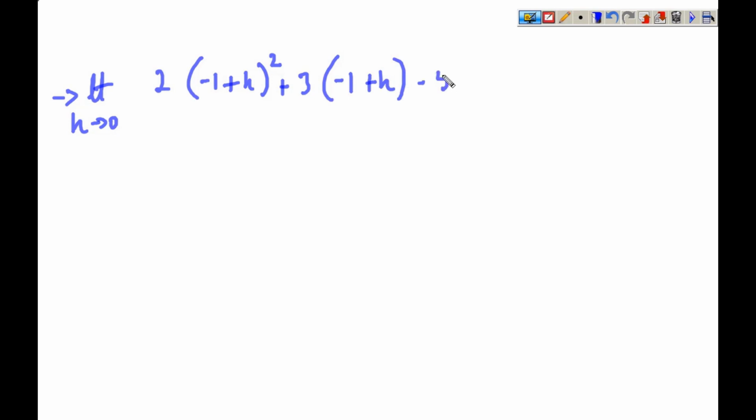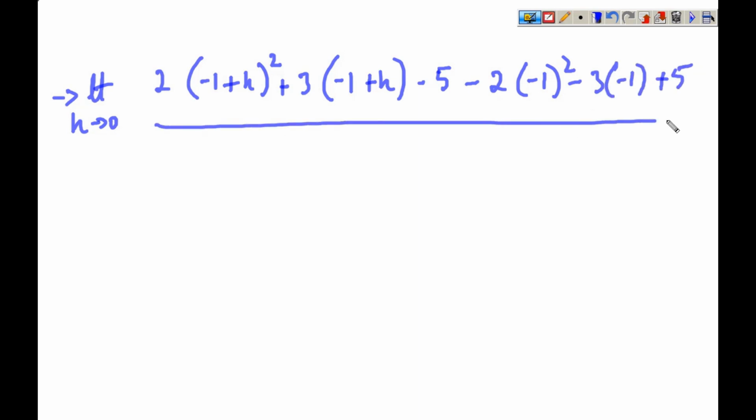So we write it as limit, and we expand it. So we have 2 times minus 1 plus h whole squared, plus 3 times minus 1 plus h, minus 5, minus 2 times minus 1 squared, minus 3 times minus 1, plus 5, whole divided by h.